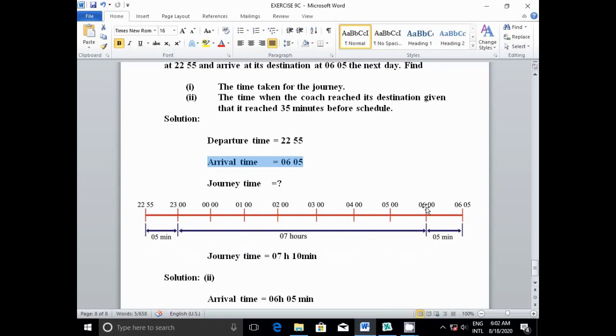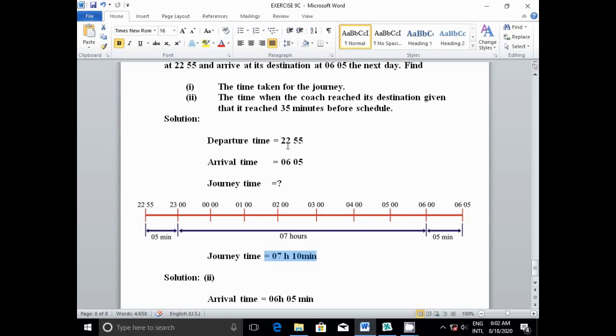So the total journey time is 7 hours, and 5 minutes plus 5 minutes equals 10 minutes. 7 hours, 10 minutes is the total journey time, if we are given the departure time 22 hours 55 minutes and arrival time 6 hours 5 minutes next day.